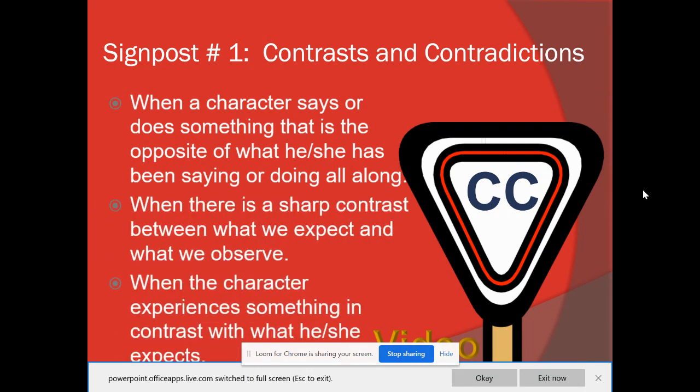That is a contrast or a contradiction to their previous behavior. So that is something that you need to pay attention to. Or when a character experiences something in contrast with what he or she expects. So if a character meets someone and they're like, oh, I'm going to have a crappy time, they're so boring, but then they end up really liking that person, you need to pay attention.